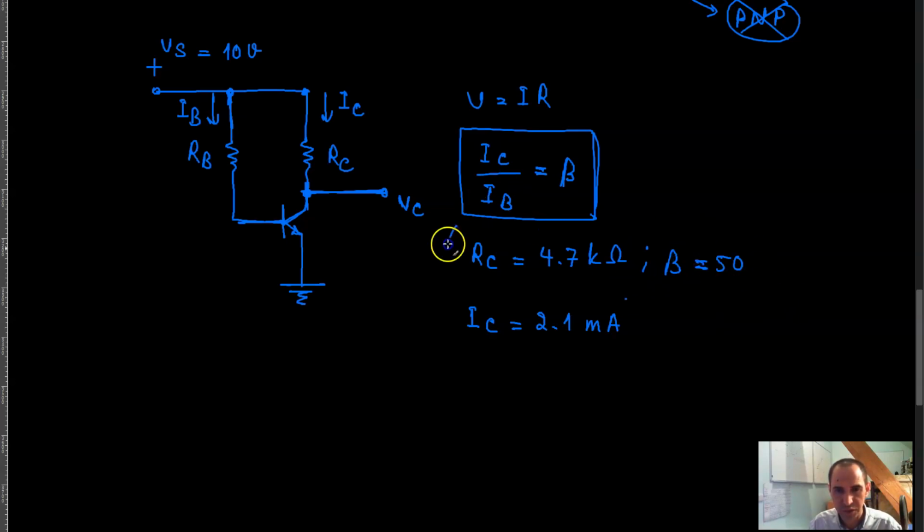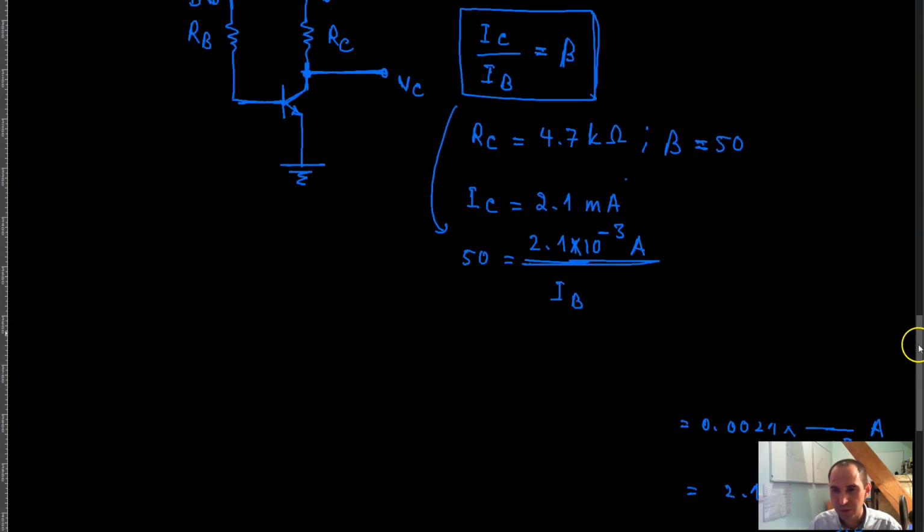So I can write 50 is equal to I of C, which is 2.1 into 10 raised to the power negative 3 amp, divided by I of B, and that tells me what current has to be flowing into my base, so that this current is flowing into my collector, right?